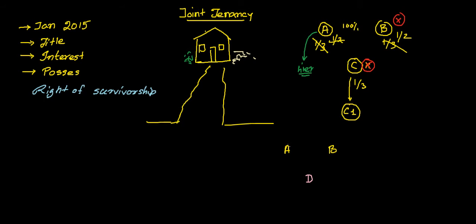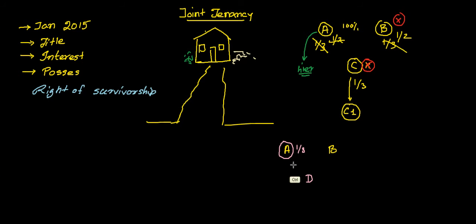So A and B, let's say, will be 1/3 and 1/3. Okay, let's change the color so that it will be easy to understand.